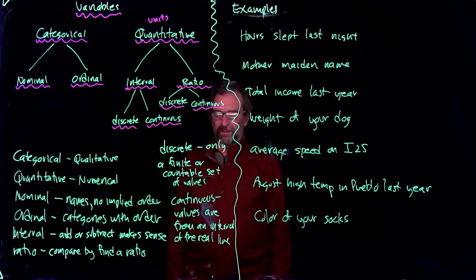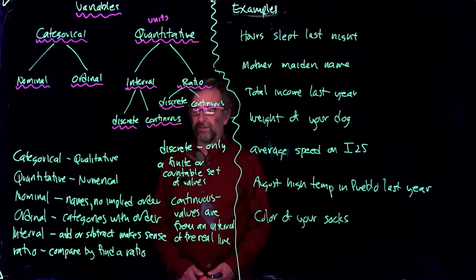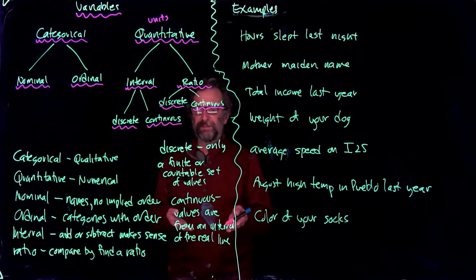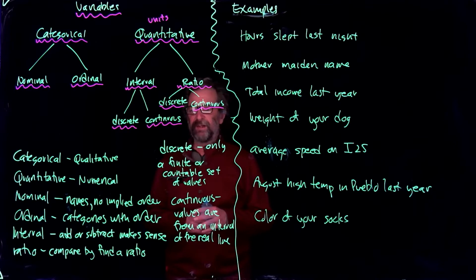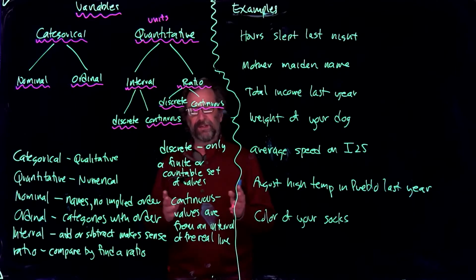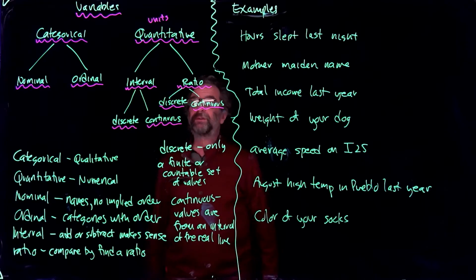So if you just investigate the variable in its pure form, and you ask, well, if I could measure infinitely accurately, are there only a finite number of possible values? Like spinning the roulette wheel, it comes to a letter, a number, or a color. I guess the number is the quantitative part. I think it's 1 through 36, and then 0 and double 0, so maybe not really regular numbers.